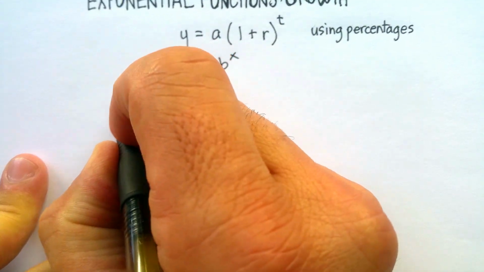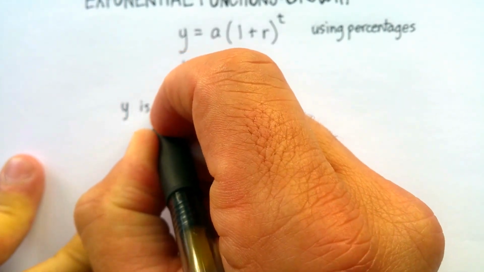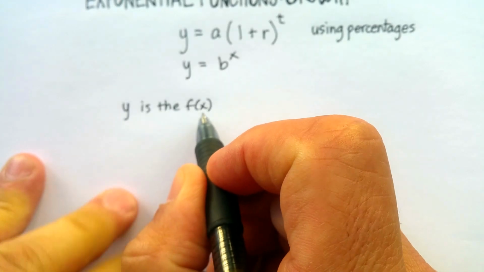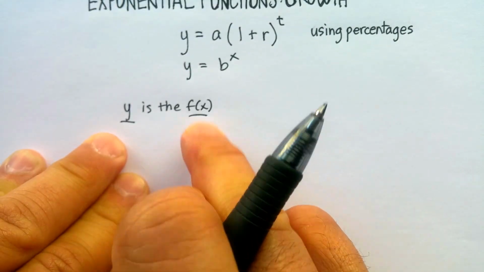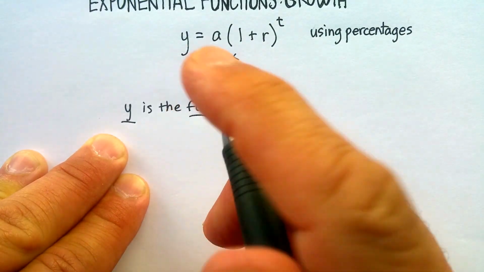So again, remember that y is the same thing as f of x, and that's where we get the word function, okay? So these are exactly the same thing. So that's one thing to remember. So if you see this, just think of f of x is equal to this, okay?